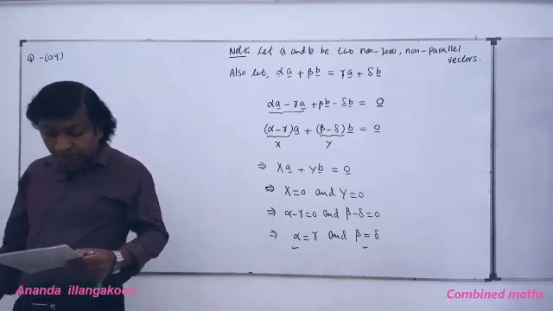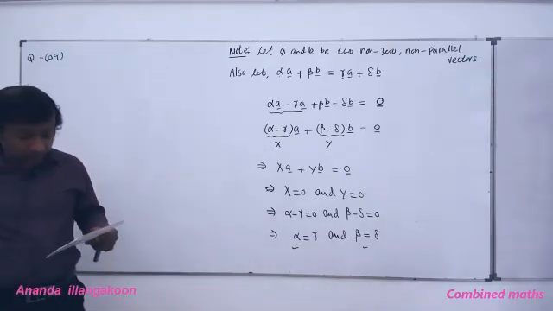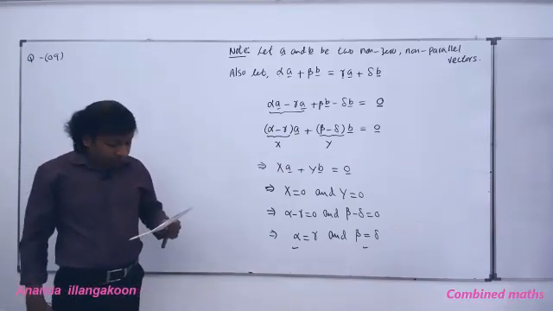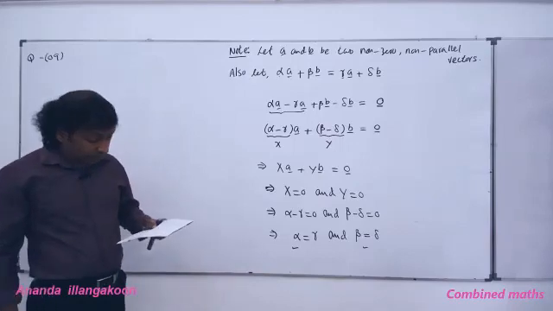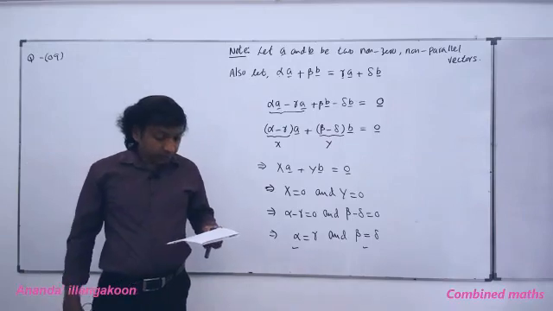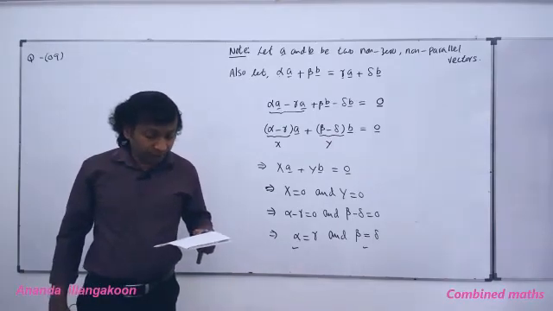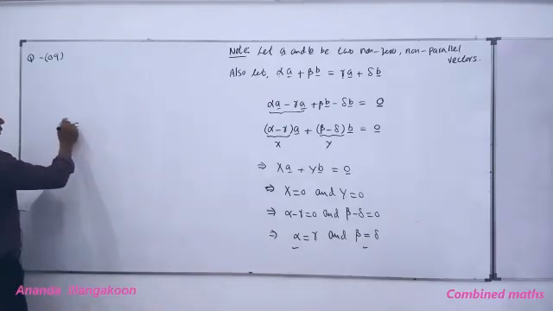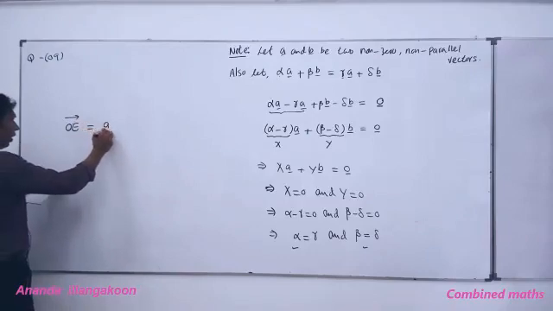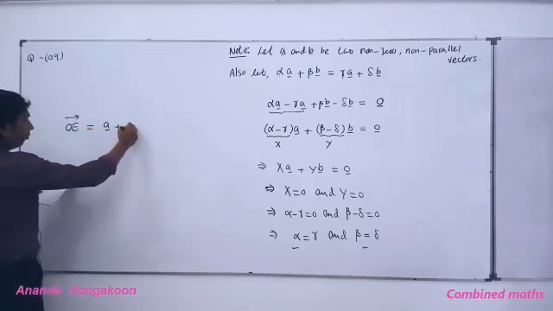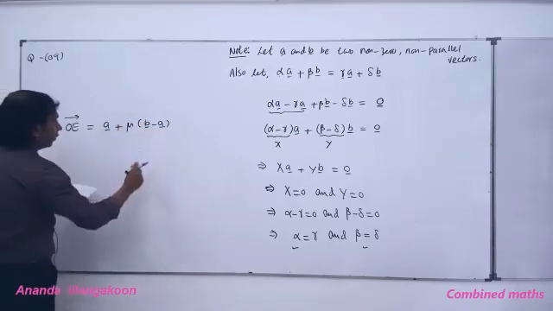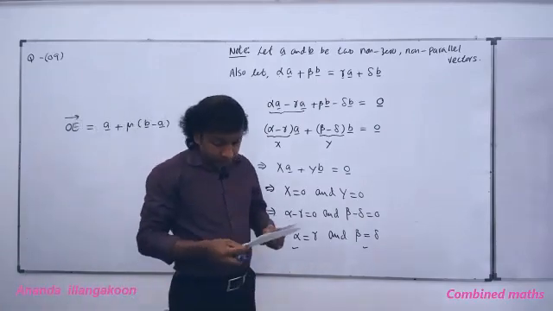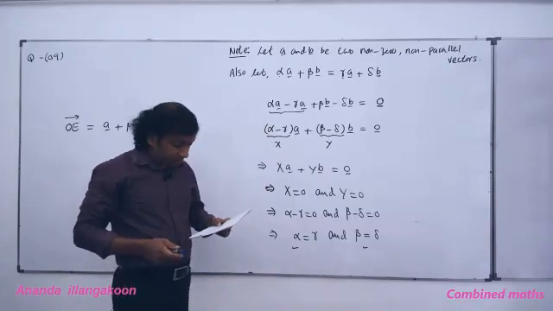The lines OD and AB intersect at E. OE vector is equal to lambda times a vector plus 3/5 times b vector, and OE vector should be a vector plus mu times (b minus a) vector, where lambda and mu are scalars to be determined.